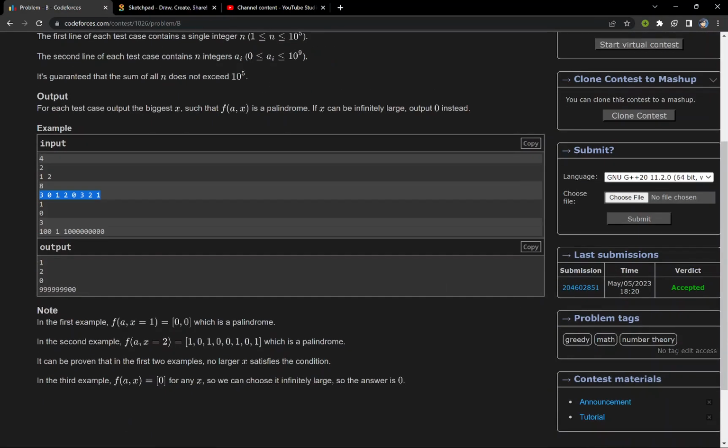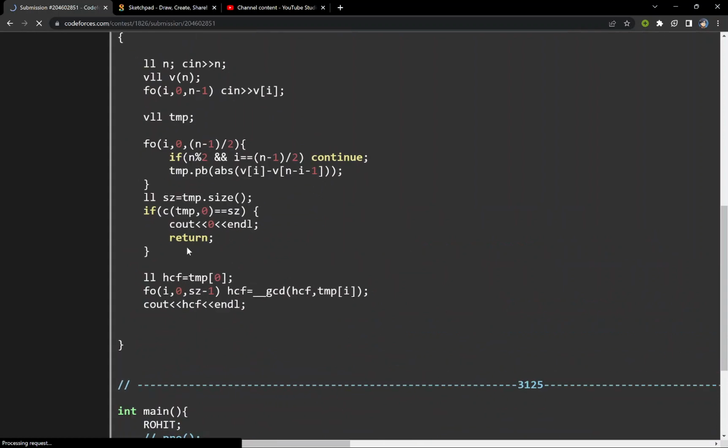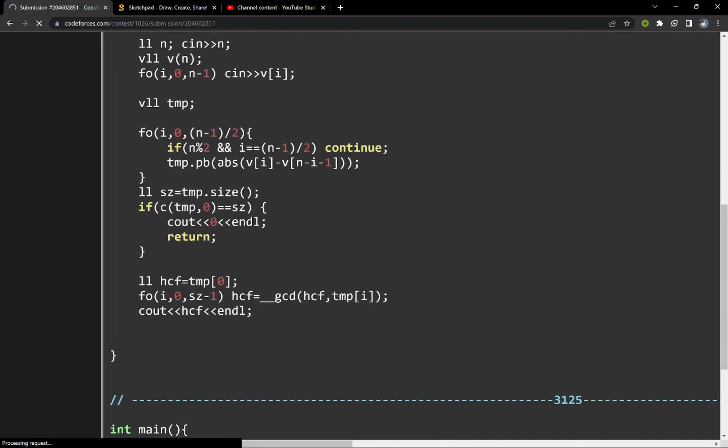I will show you the code. I have also done the same in my code. I have taken the vector as input and created a temp vector. For each pair I am pushing the absolute value of v of i minus v of n minus i minus 1, that is its corresponding last element of the palindrome.